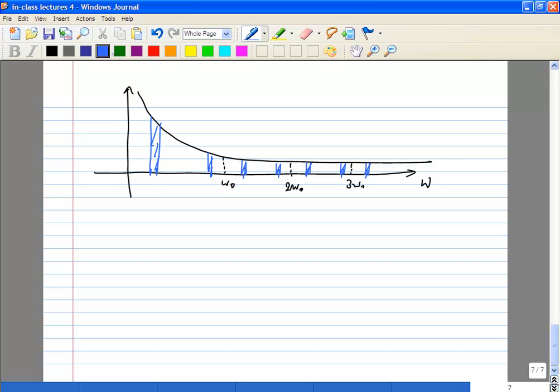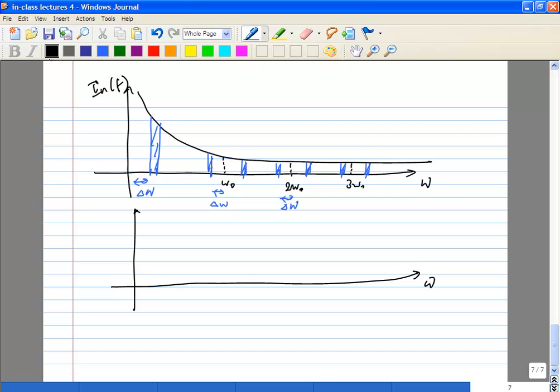Each of these is delta omega. So what you'll see is, let's call this In of f. If you just look at the power spectral density of phi, you'll just get something here.